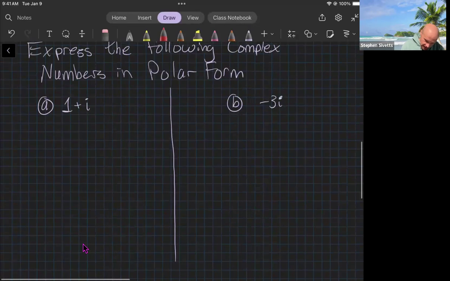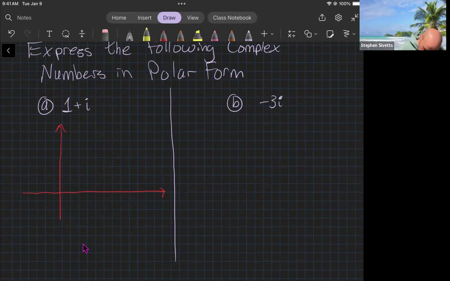So 1 plus i is 1 unit in the real direction and 1 unit in the imaginary direction, so it would be this vector. The real part is 1 and the imaginary part is 1.